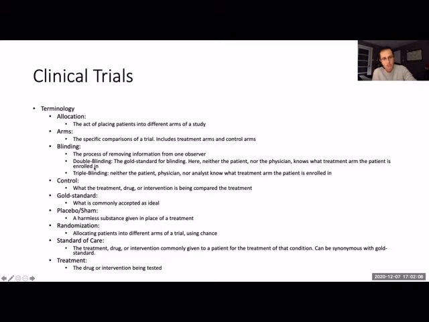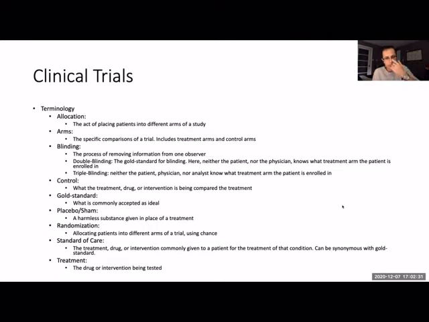Blinding is the process of removing information from an observer. Now, you can have double blinding or you can have triple blinding. Double blinding refers to the manner in which neither the patient nor the physician knows whether or not the patient is receiving a drug.